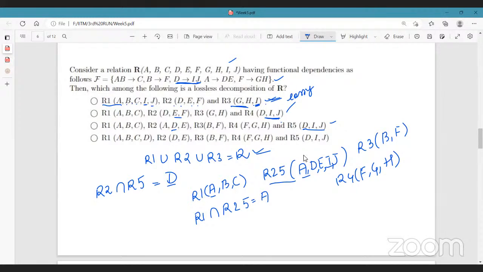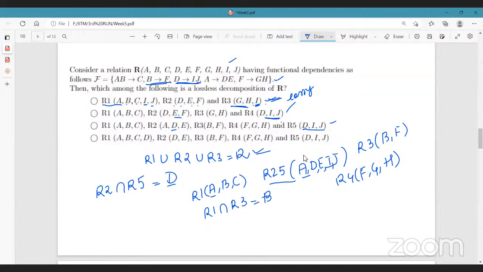Would you like to initiate for R1 and 3? Yeah, R1 and 3, B is common, and B is a super key, as B gives F, and B determines R3.